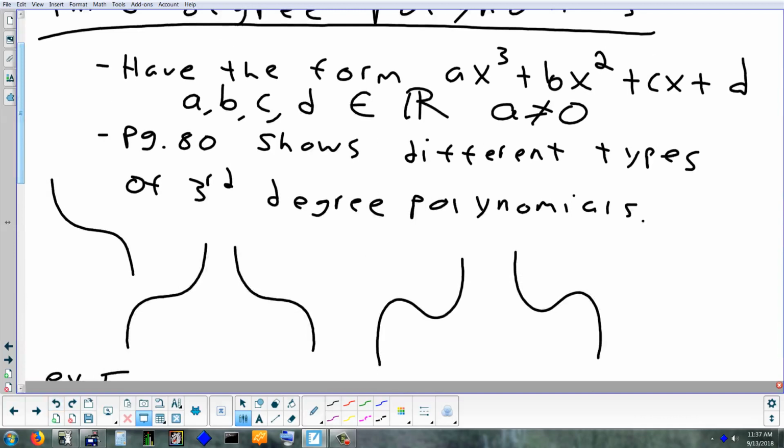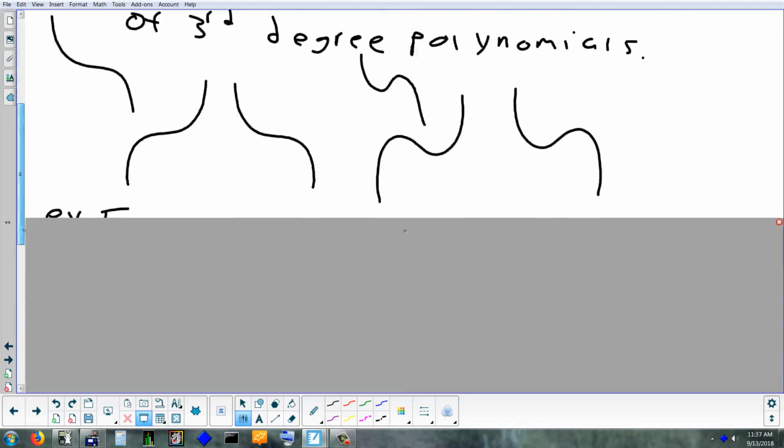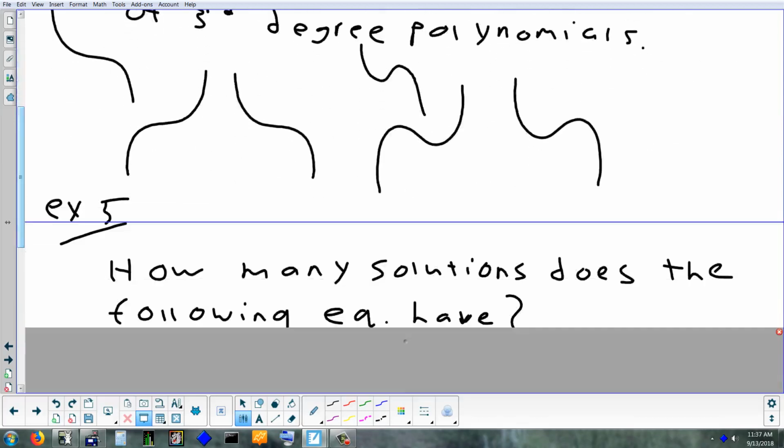Up on the left, down on the right. That's still a cubic. Okay? Same thing here. We could do a mirror image of one of those. Okay, I already had them drawn, but just showing you. So basically all cubic functions are going to look something like that. All of them.